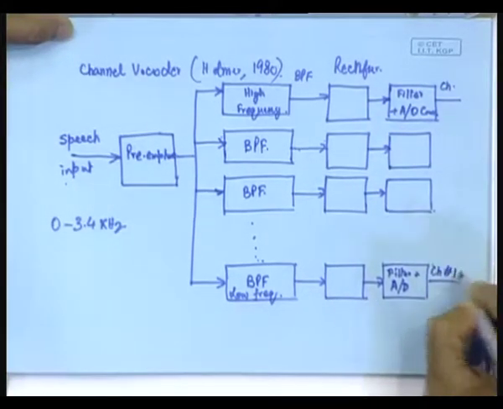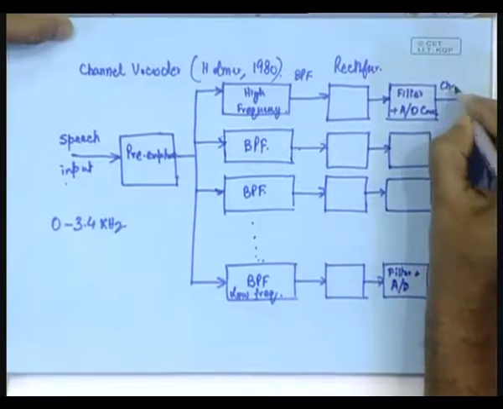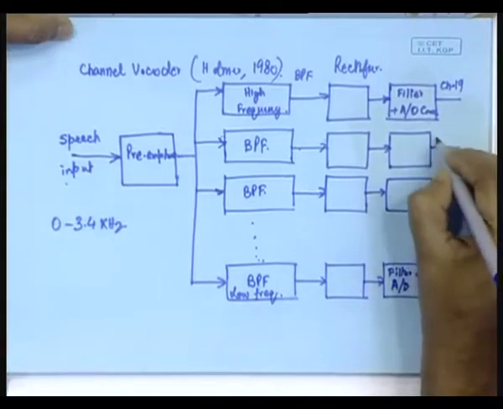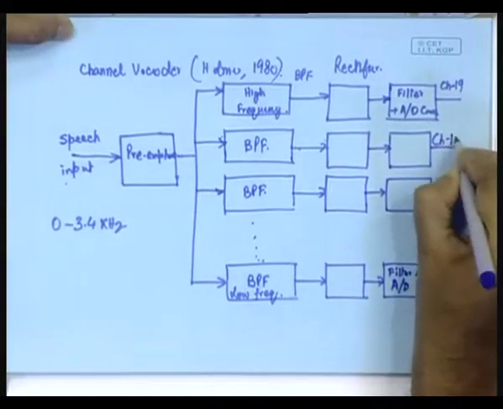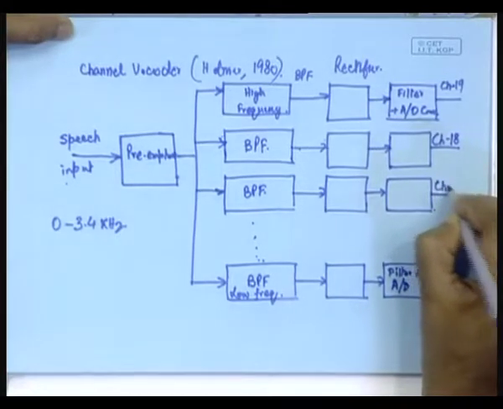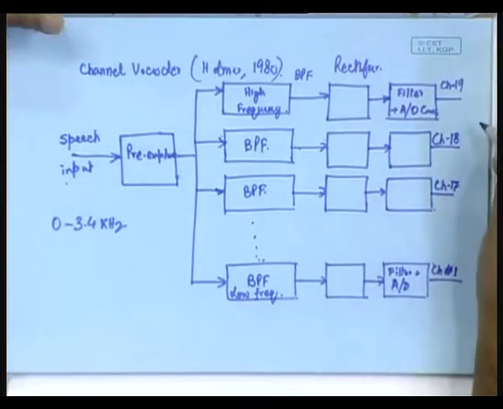This is channel number 1 and so on, and the highest frequency will be channel number 19, the one next to it is channel number 18, the one next to that is channel number 17 and so on, and the lowest frequency is channel number 1.